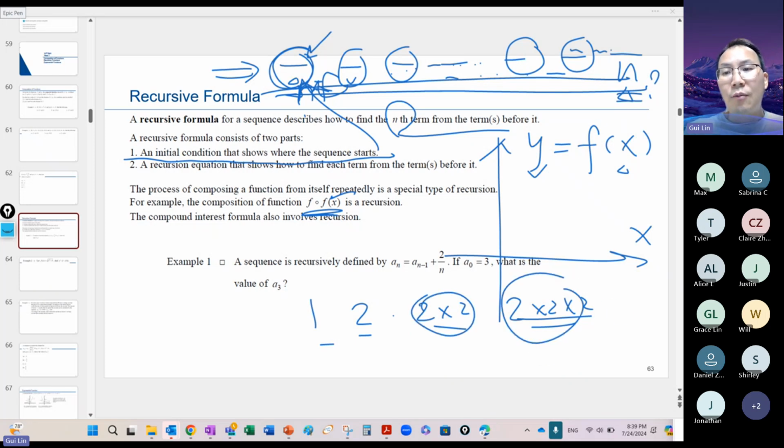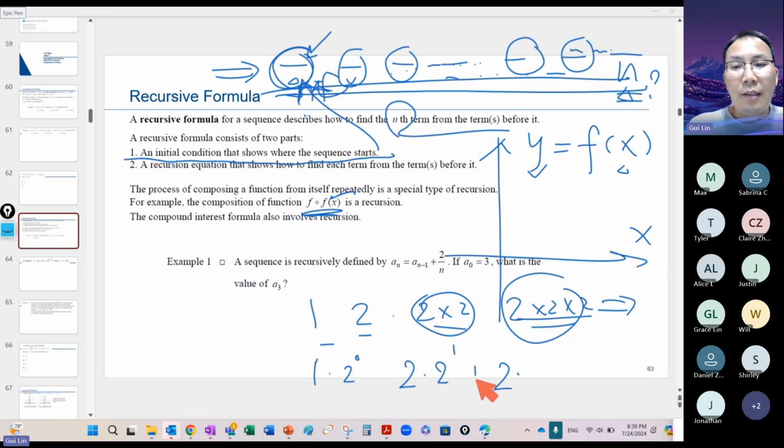So we know this becomes an exponential. The first one is 1 times 2 to the power 0, the second is 2 to the power 1, and the third term is 1 times 2 to the power 3 minus 1. So when you go to n, it becomes 1 times 2 to the power n minus 1. So you know the pattern.